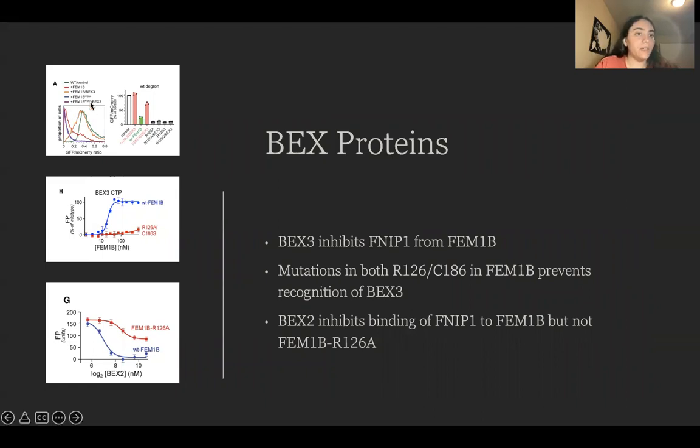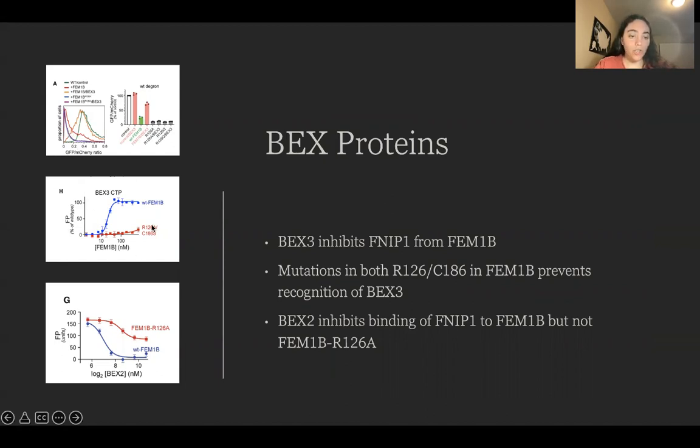So this is shown because the purple, blue, and red, or the two mutant Fem1bs and the original Fem1b without inhibitor, all fall within the same category. And the Fem1b with the inhibitor is shifted down.